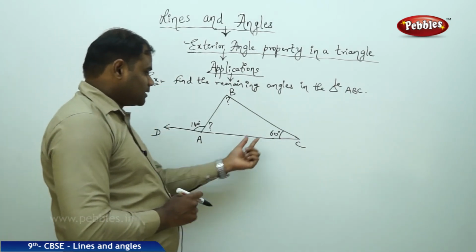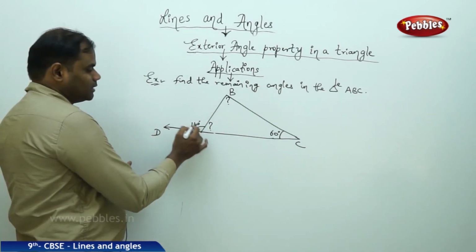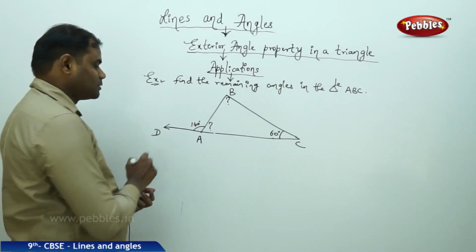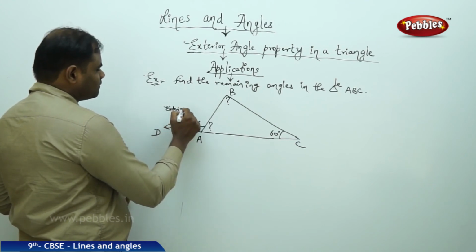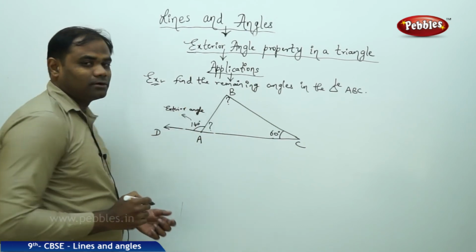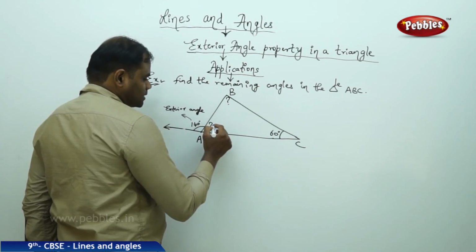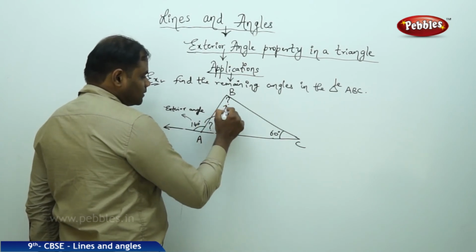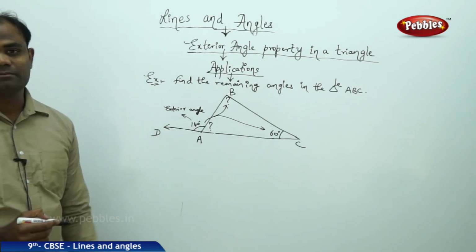Now clearly angle C is given to be 60 degrees and the exterior angle at A is given to be 140 degrees. So assuming this to be the exterior angle, I try to identify the interior opposite angles. This being the exterior angle, its interior opposite angles are this and this, as can clearly be seen.